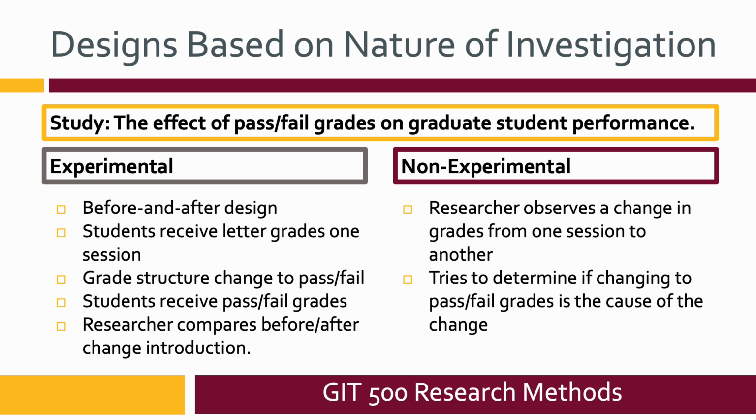In the non-experimental, the researcher can just look at different classes, where one class received letter grades and the other one received pass-fail grades, and it doesn't necessarily have to be the same participants in either way, really, but in the experimental you might want to have the same participants.